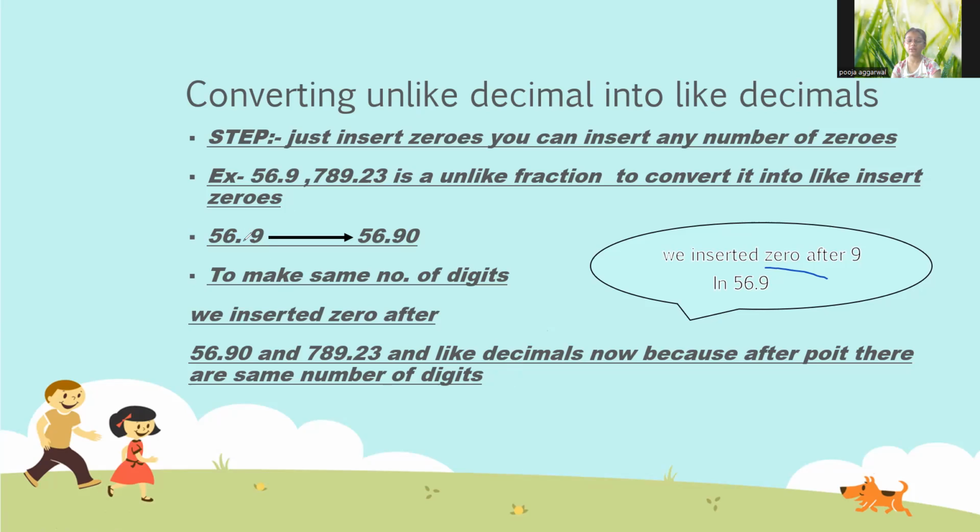The number on the right side of the decimal point is 9 here, so we will put 0 after 9, not before 9. So it will be 90. Now it will be 56.90 and 789.23 are like decimals, because after the point there are the same number of digits. Clear? Any doubt? No?